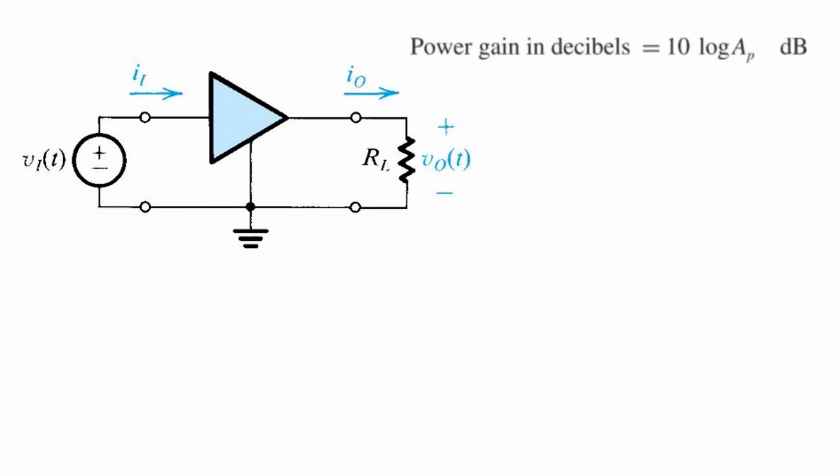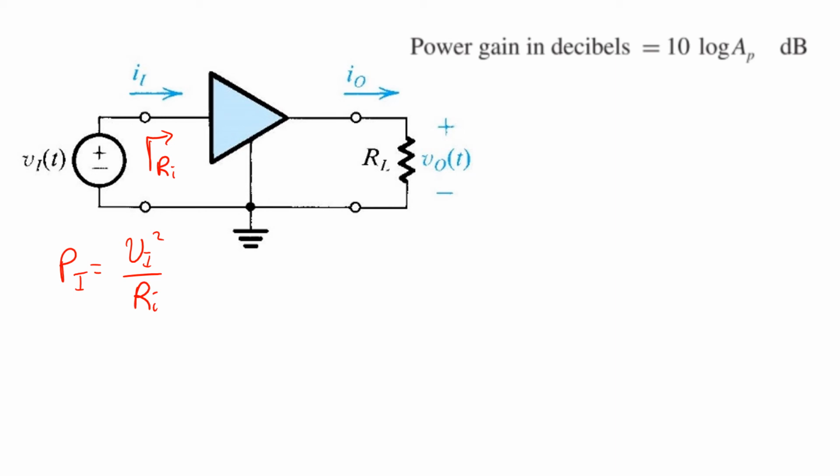So why do we do this? Well, there's a good reason we use 10 times log base 10 of the power gain instead of 20 times log base 10. And you can see it by considering this situation here, where an amplifier has an input resistance, Ri, and is driving a load, RL. So we know the input power delivered here is Vi squared over Ri.